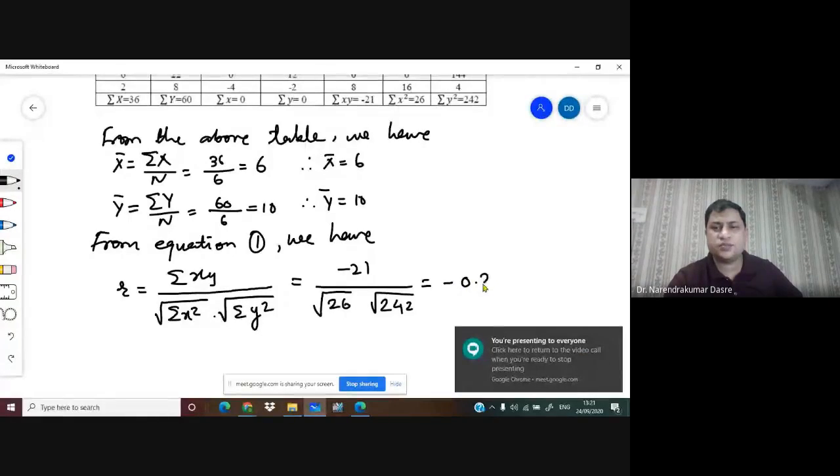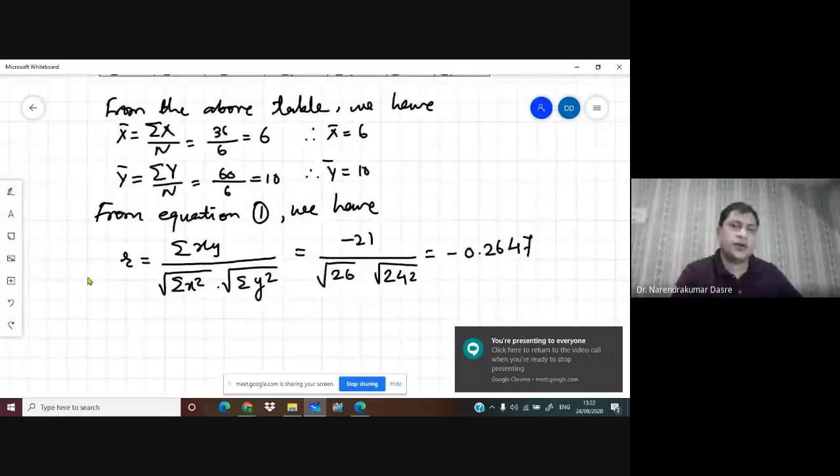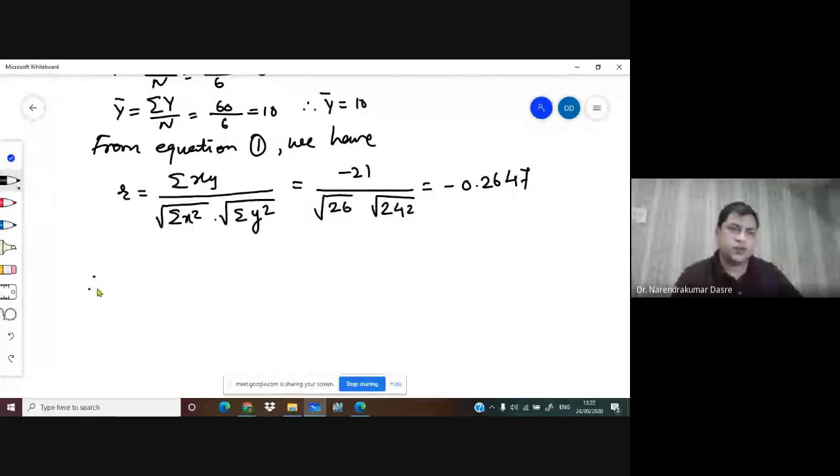So you are getting the value for R as minus 0.2647. Okay, and hence what we can say is, we get R is equal to minus 0.2647.